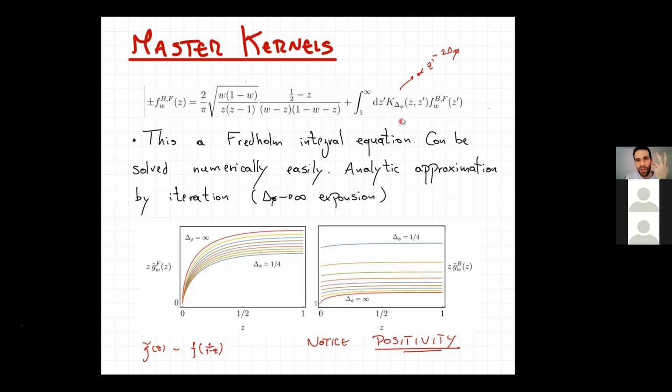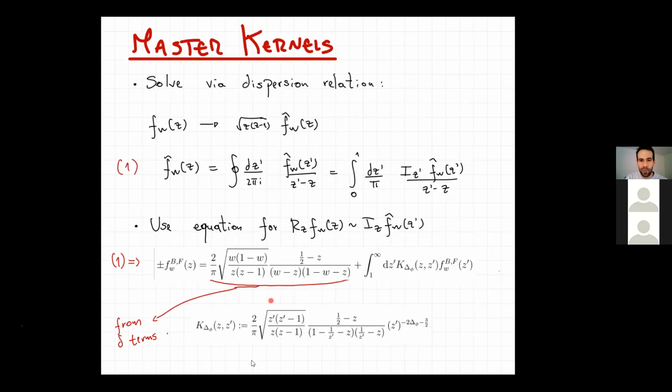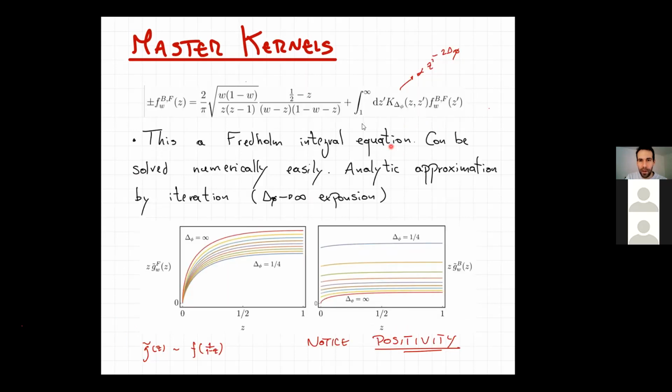And it makes sense because there's actually a hidden expansion parameter here. If we go back to the expression here, you see that this kernel has this factor z prime to the minus 2 delta phi, and I'm integrating between 1 and infinity. So this means that when delta phi is large, this factor is exponentially suppressed, and so this term is also suppressed.